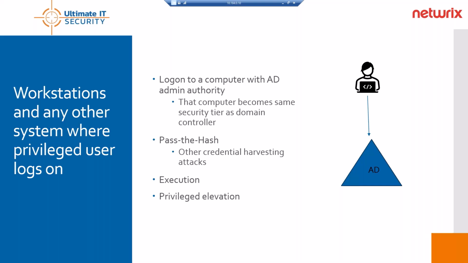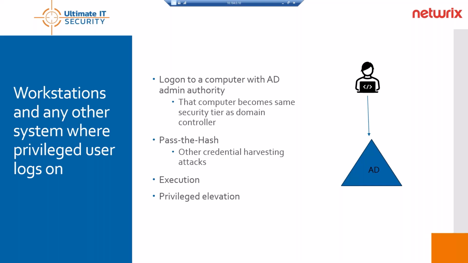And I'm stressing workstations because that's where we do really dangerous things like browsing the web or opening up Office documents from email attachments. Those are two of the most dangerous activities, other than downloading programs and installing and running them on a computer, that anybody does.